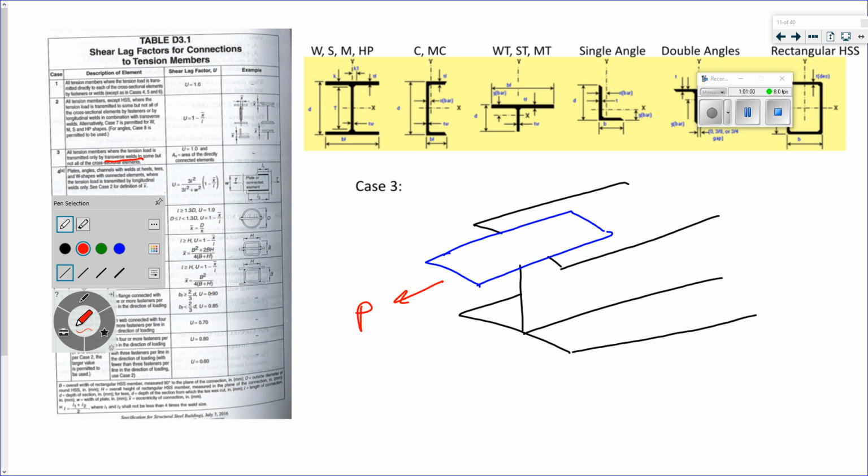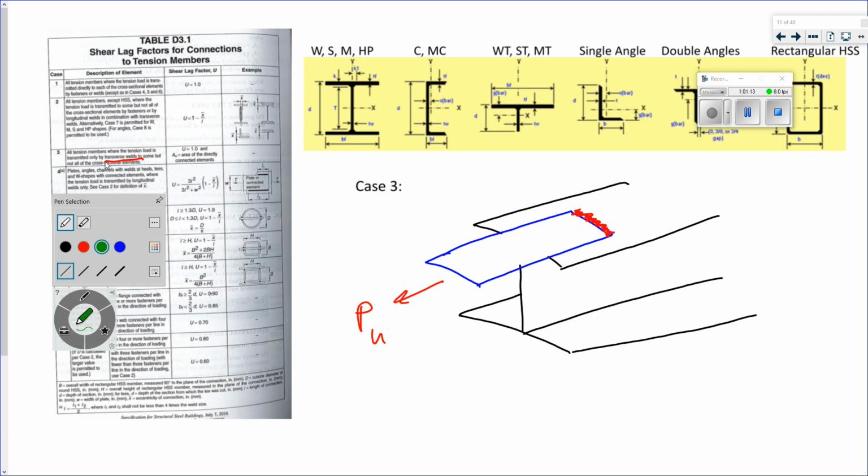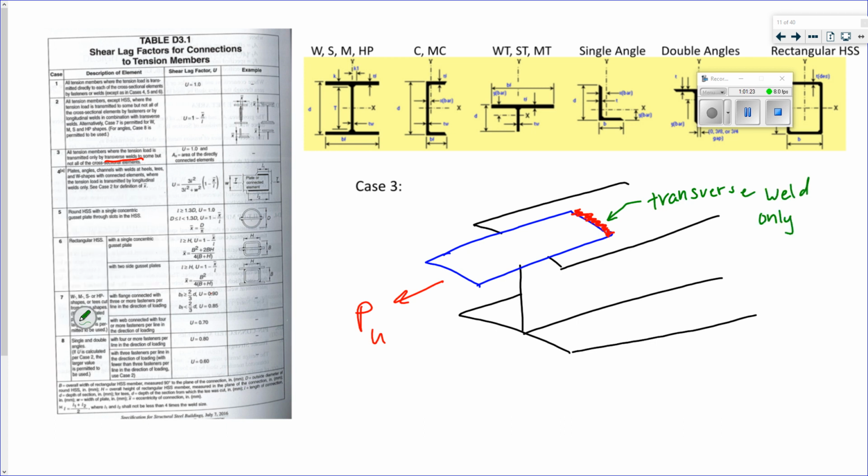And that's my load. Means I only have welds on that side, perpendicular to the load.